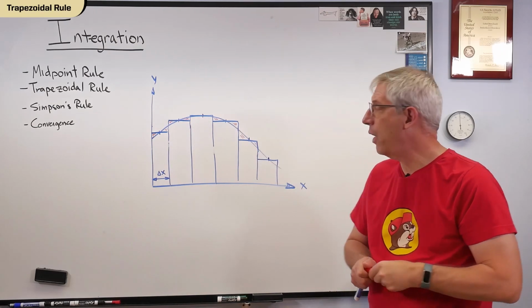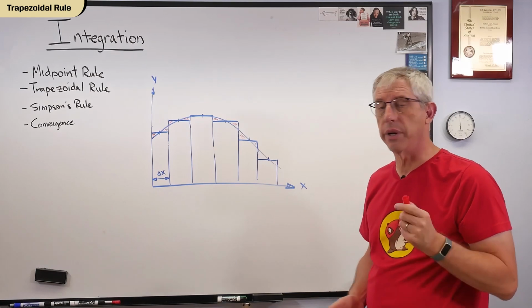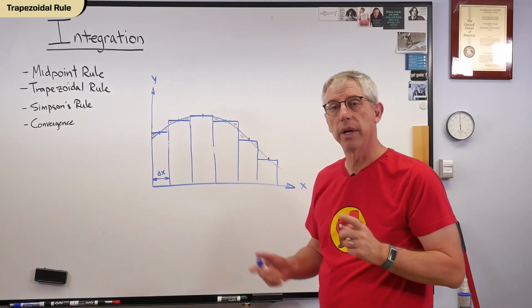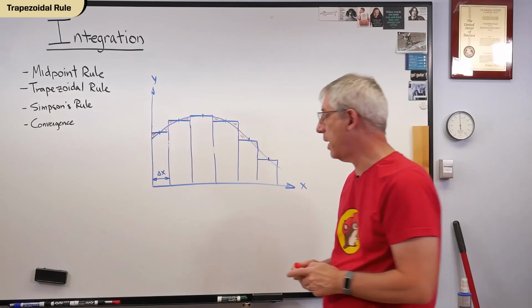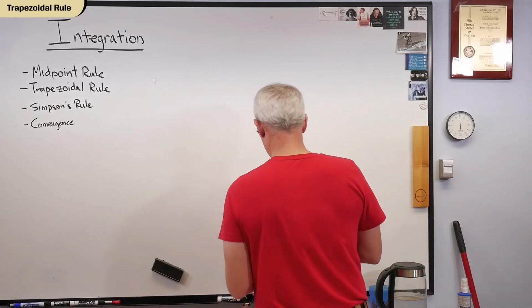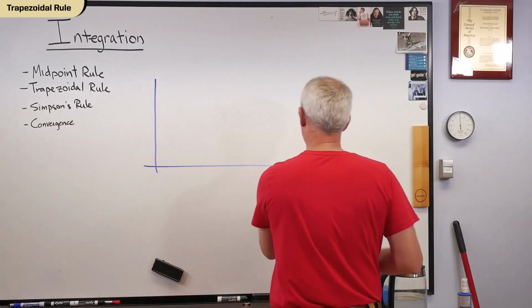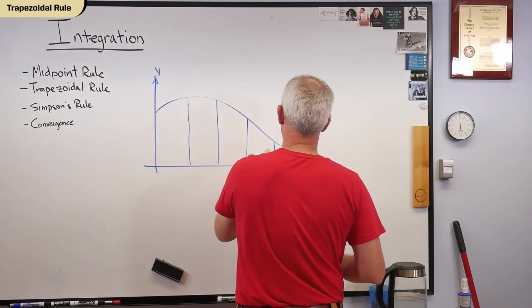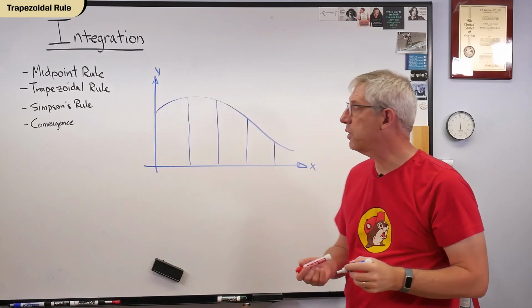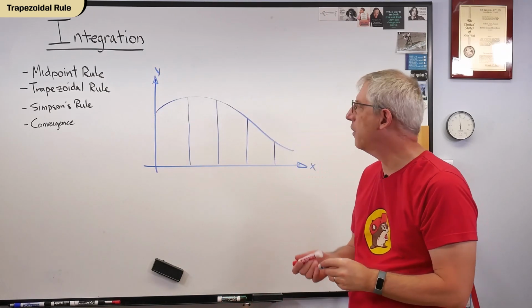Well, another way to do this is trapezoidal rule. Now, in case you didn't see the previous video, let me erase and I'll do this again showing the trapezoidal rule. So just give me a second here. All right, so here's our function again, pretty much. It's close enough, I guess.